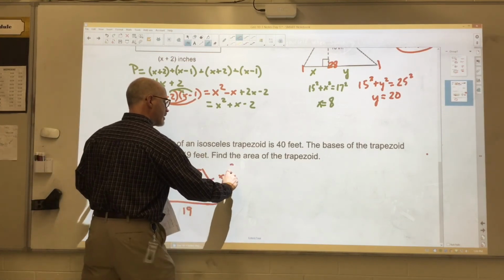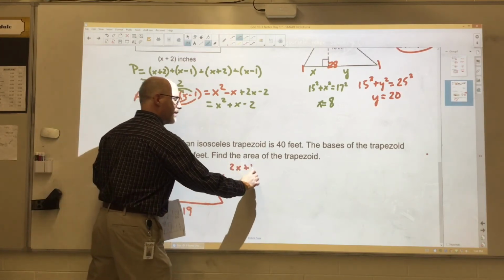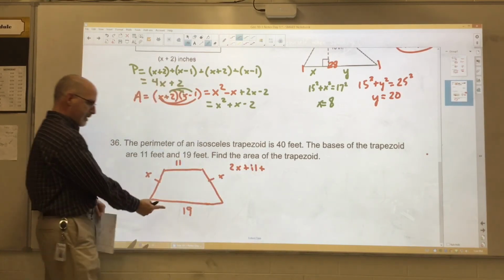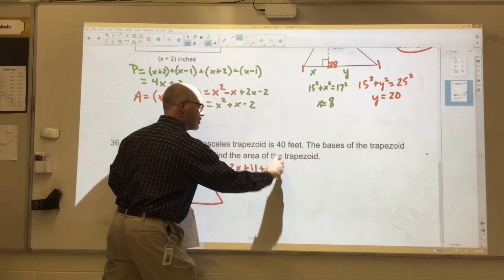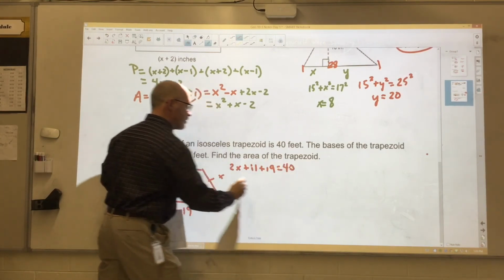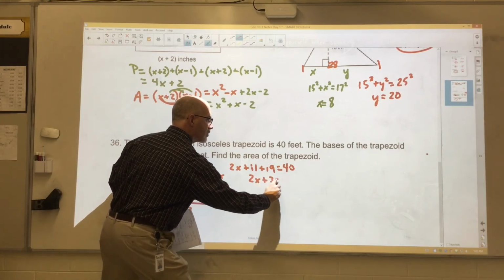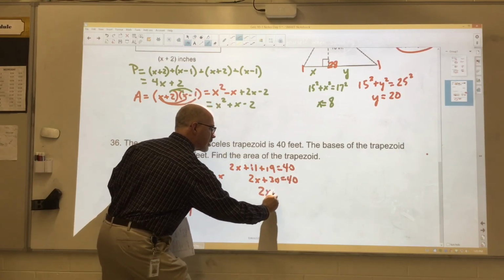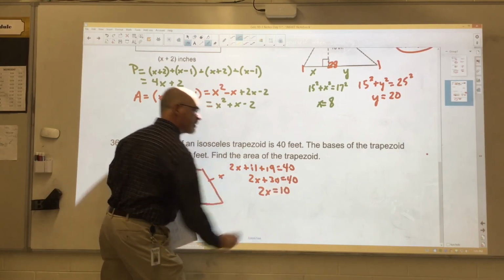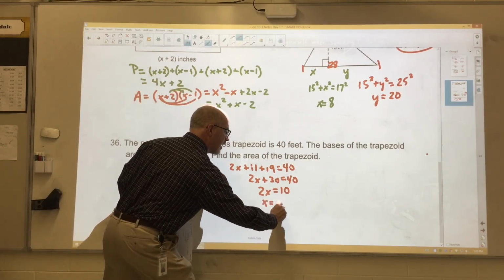So 2x, because I've got two sides there, plus 11, plus the 19 is going to equal my perimeter, which is 40. So I get 2x plus 30 equals 40. So 2x, if I subtract 30 from both sides, equals 10. And then I divide by 2, I get x equal to 5.